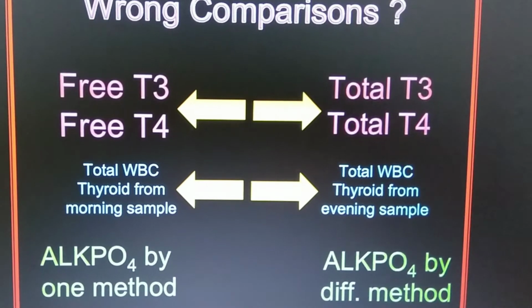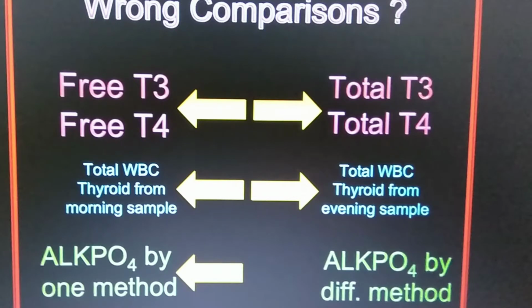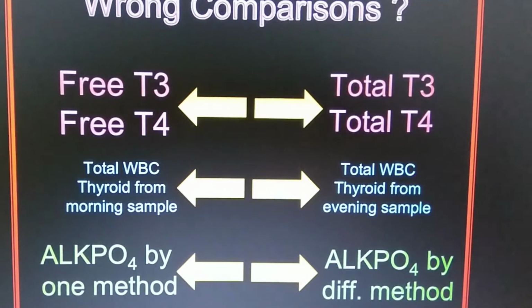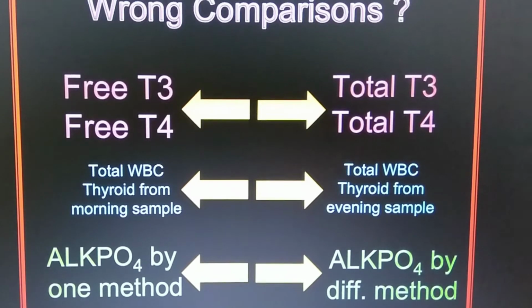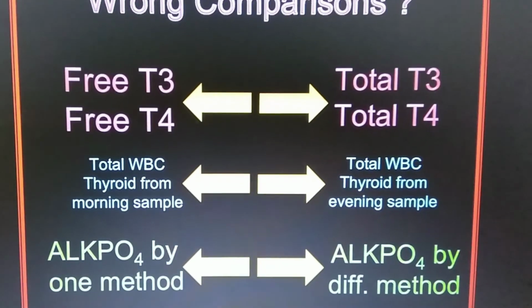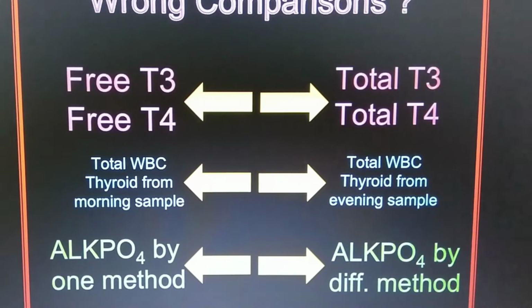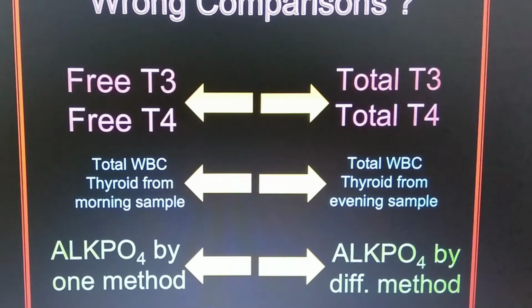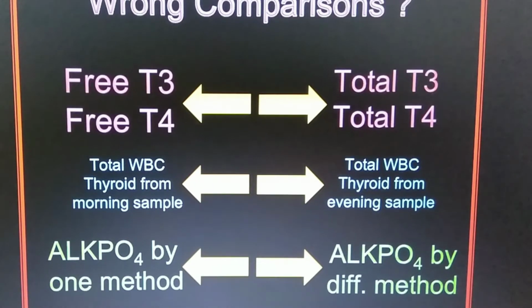Third common mistake is comparing alkaline phosphatase by one method with alkaline phosphatase values done by a different method using a different buffer. I have just enumerated three common mistakes. There are many more where a patient may wrongly compare the results of two different tests and then feel that some difference in value has been noted.